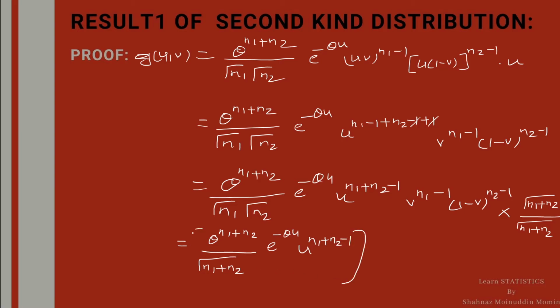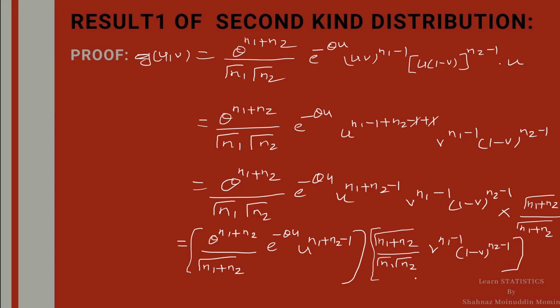This is the first term. Multiplied by the second term, which is gamma n1 plus n2 upon gamma n1 gamma n2 v raised to n1 minus 1, 1 minus v raised to n2 minus 1.